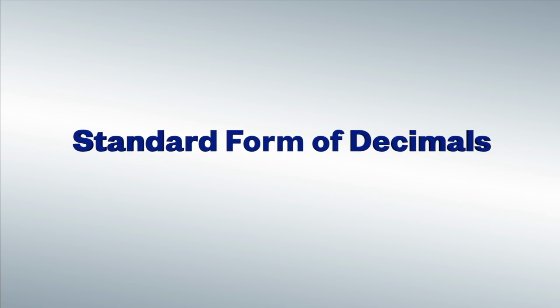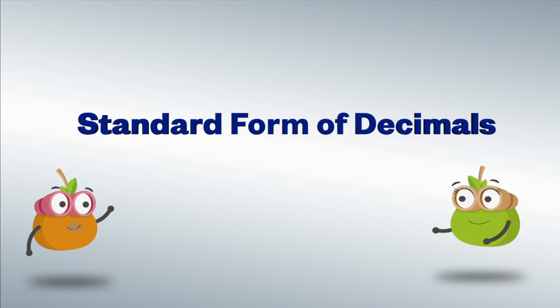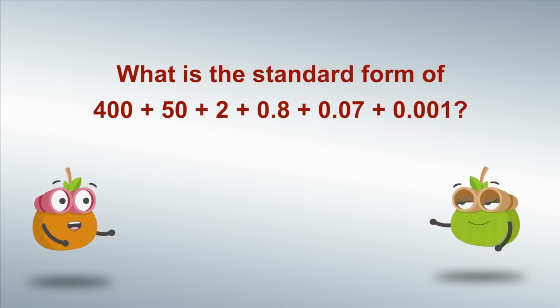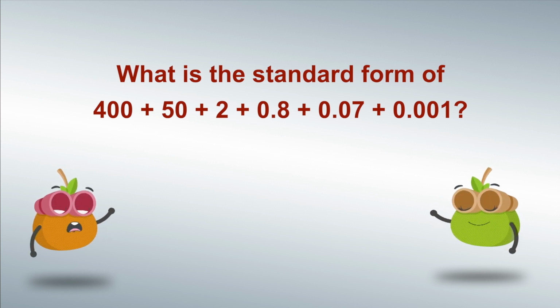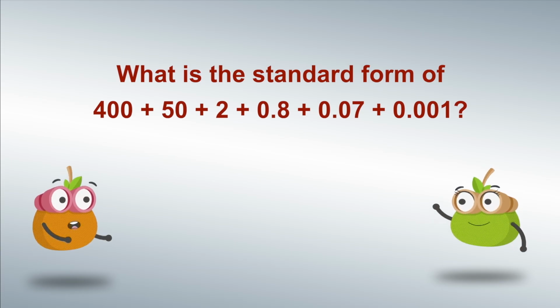Standard form of decimals. Come, let's learn how to write the standard form of decimals from an example. What is the standard form of 400 plus 50 plus 2 plus 0.8 plus 0.07 plus 0.001?